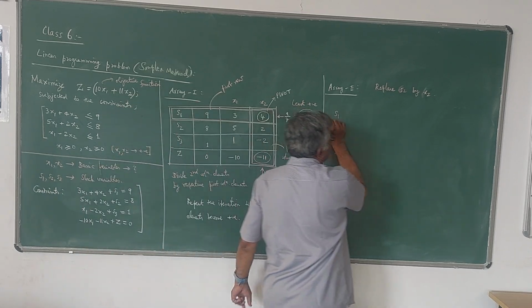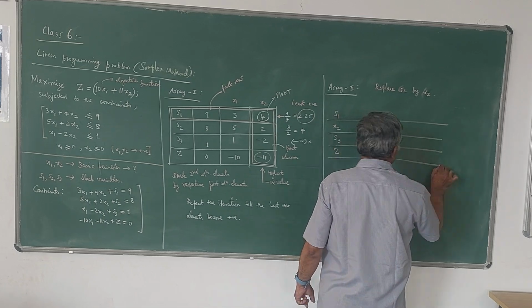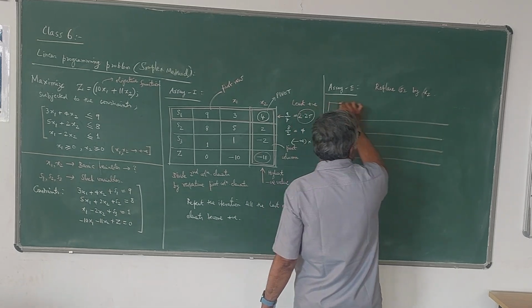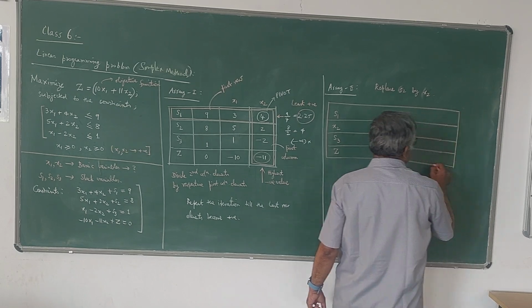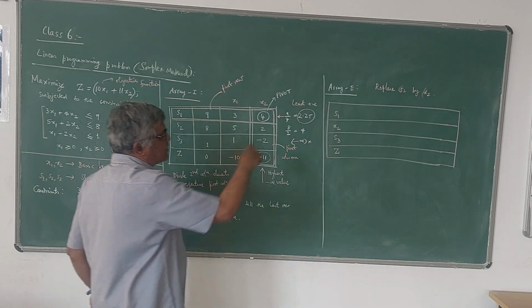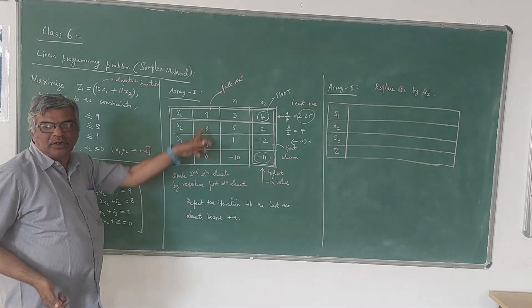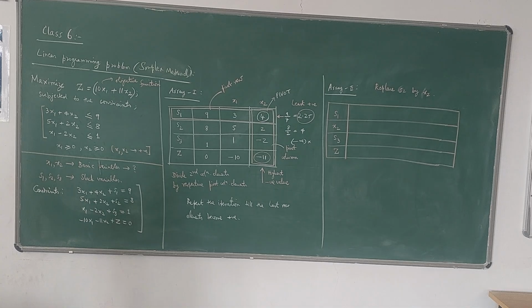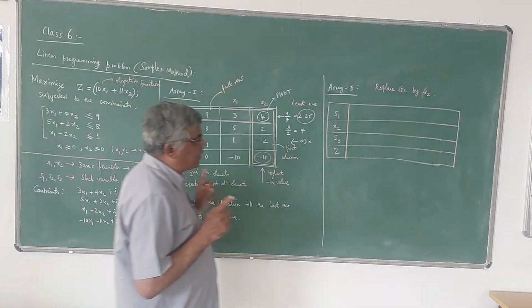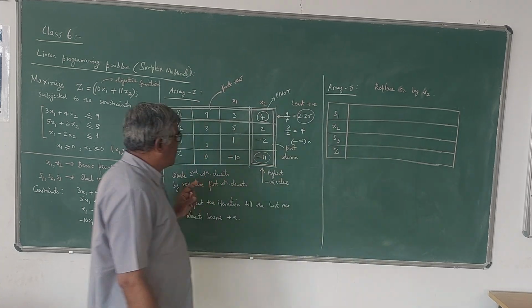Now let us see what the elements are for the second iteration. What we did in the first iteration, the same thing we have to do for the second iteration also. But how to fill these elements? That is the question. Here of course we wrote the coefficients directly. But how to get the elements in the second iteration? Three things we have to keep in mind, which I explained yesterday.